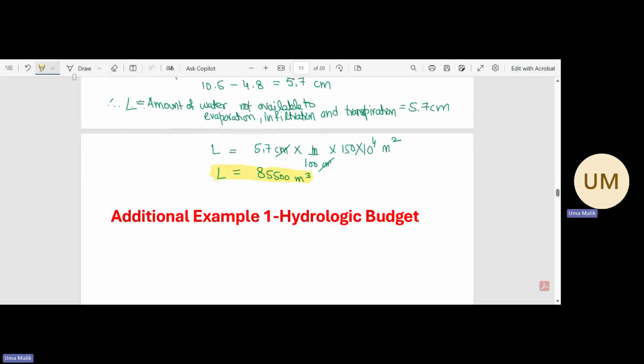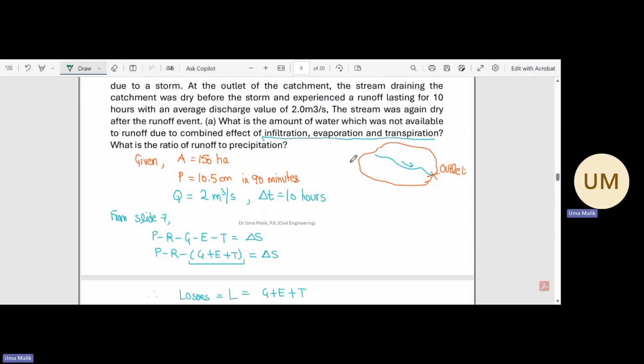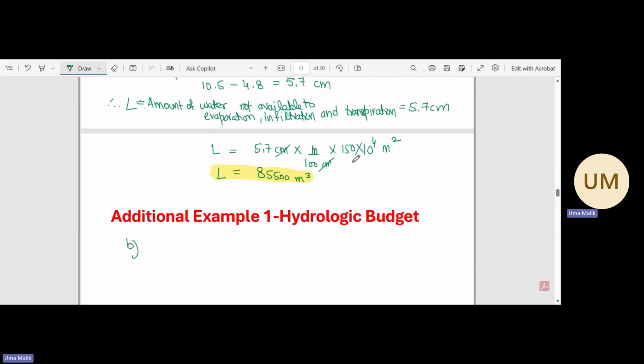Now, the second part, part B of the problem, is to calculate the runoff to precipitation ratio. You can easily calculate it, you have both the values. Runoff you have calculated as 4.8, precipitation is 10.5.